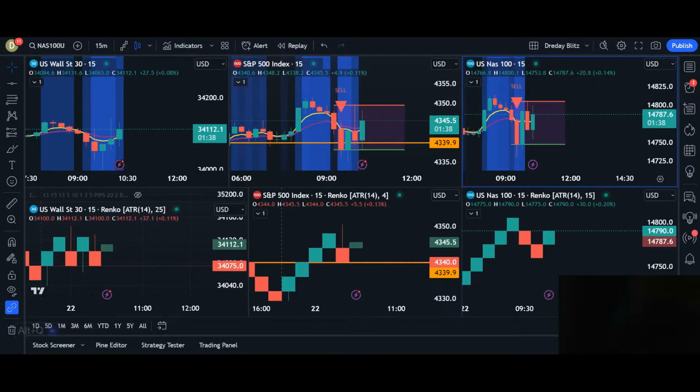And usually, if you trade the New York session, just trade everything that has USD in it. So gold, silver, even USD pairs like USD CAD.